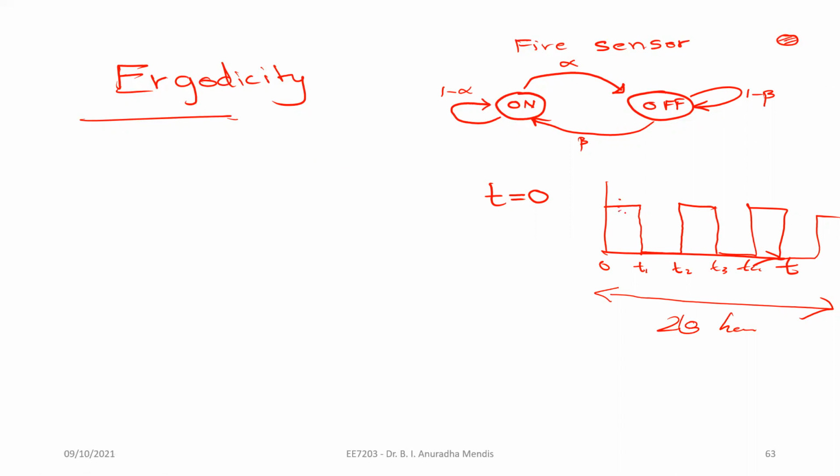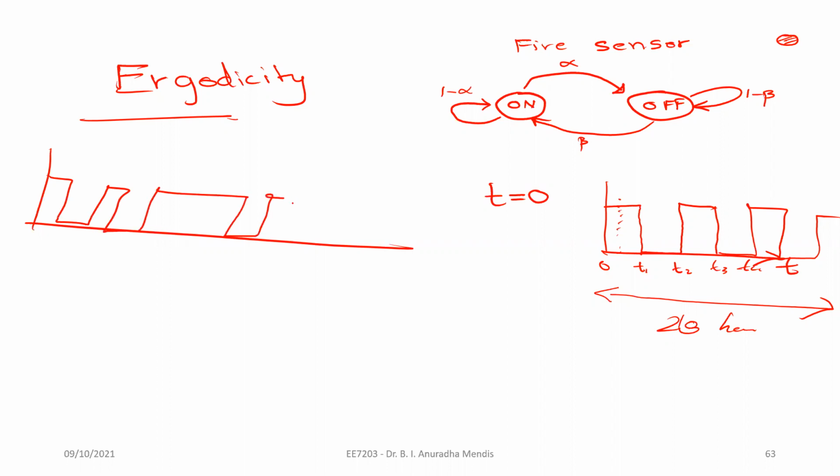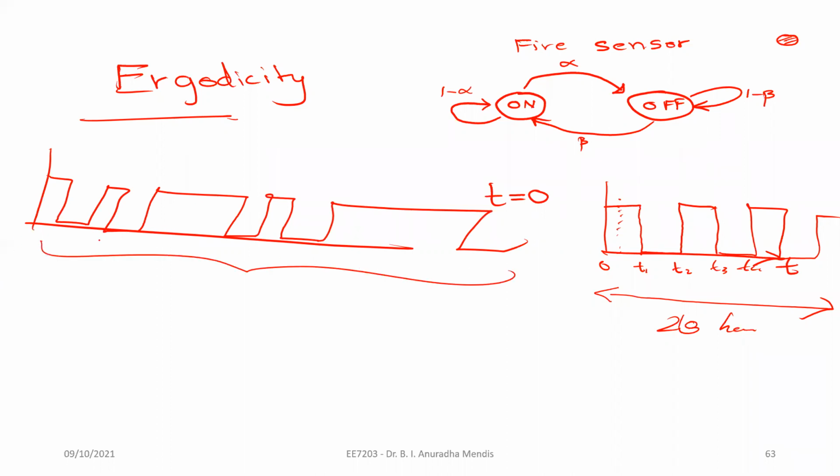Here, this is already on, and you don't have much time to guess the probability of being in the on state and the off state. But after you go through very many on and off cycles, now you can get an idea about the probability of the on and off states. That probability we call the state probability. That's what we are interested in.